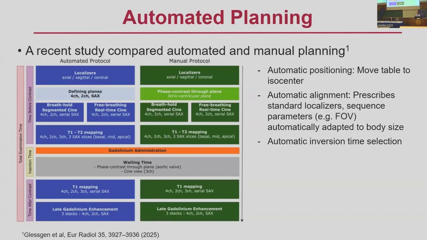Other things that went into it were plane prescription and also automated inversion time selection for delayed enhancement and other imaging like that. And one thing that is nice in this setup is there's that sort of interpretability or explainability where the operator can intervene and fine tune. So this is sort of a black box that's giving you an output, but you can still adjust the output. So there is some sort of human control there.